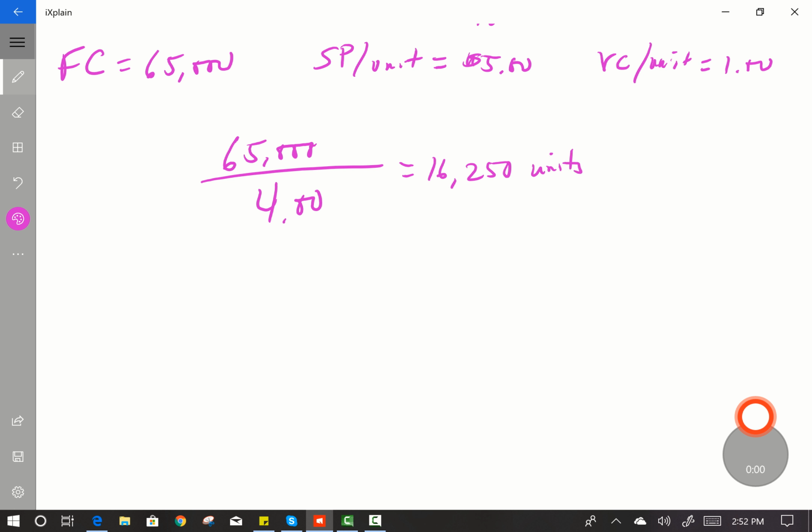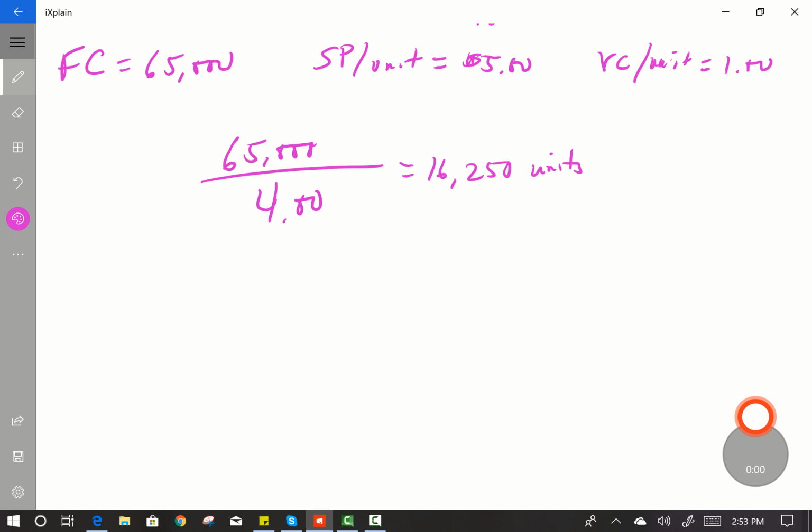That means that once I found out my contribution margin, for each one of the items that we sold, $4 goes to cover the fixed costs and results in a profit.